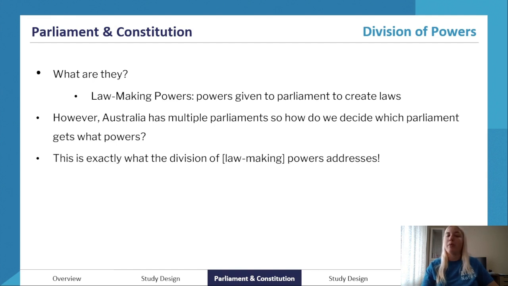Imagine if both Commonwealth and state level parliaments could make any laws as they please in any area. What we would have then is inconsistency between those laws, and it would be unclear to understand which is superior.